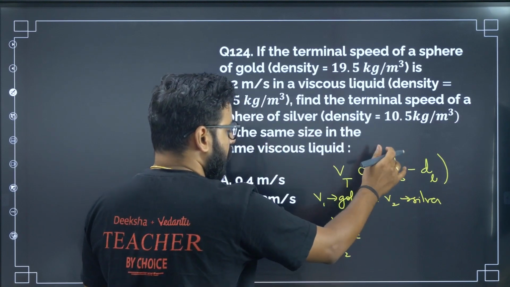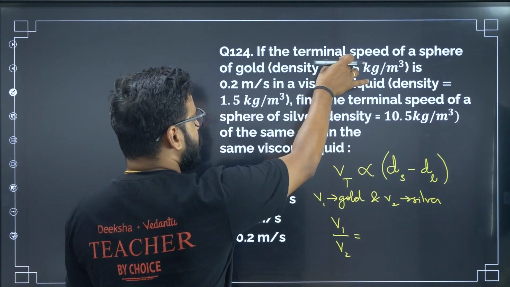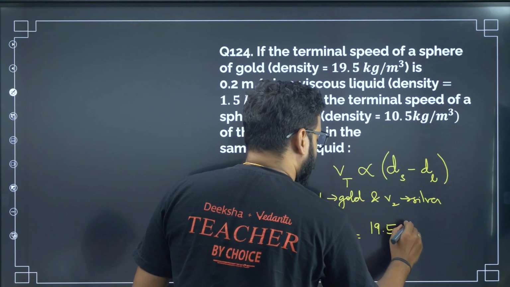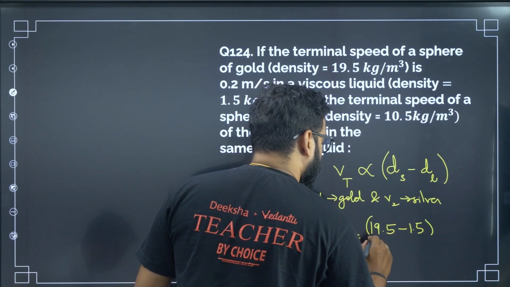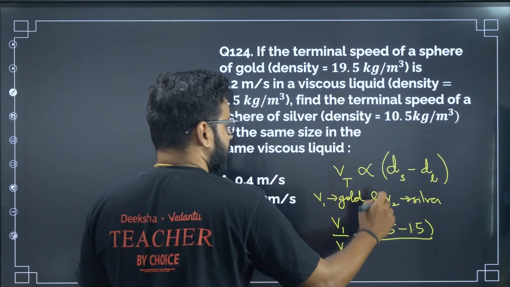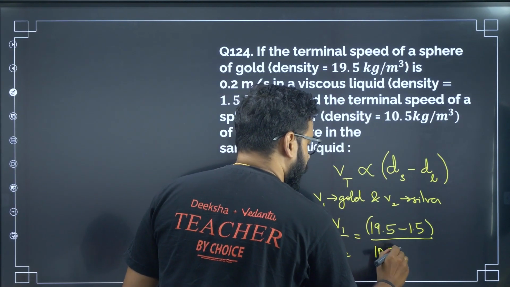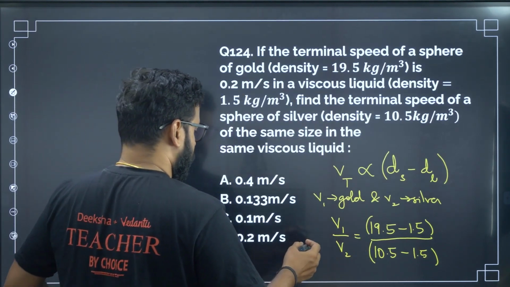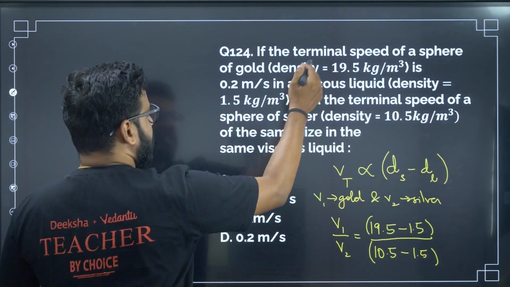Now let's substitute. For V1, the density difference of gold and the liquid is 19.5 minus 1.5, whole divided by the density difference of silver, 10.5 minus 1.5. So we have here V1, which is already given as 0.2.